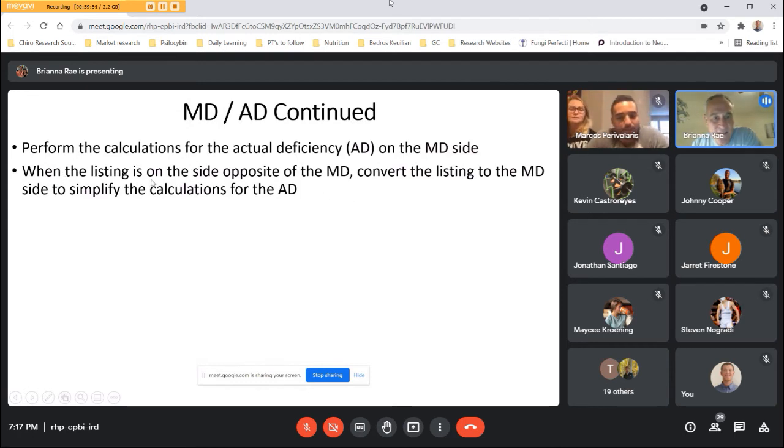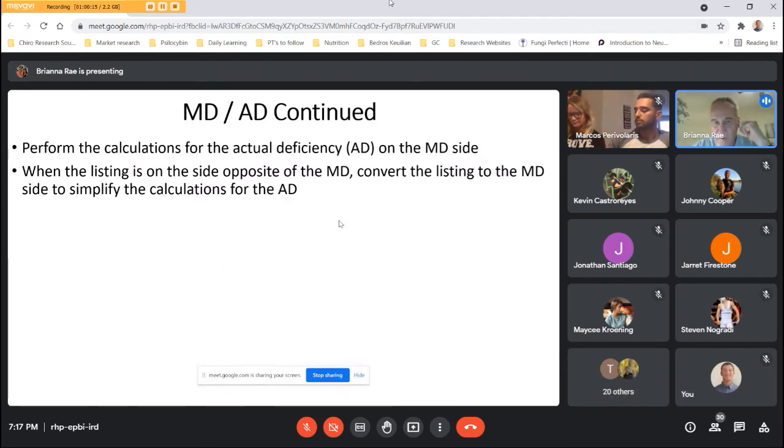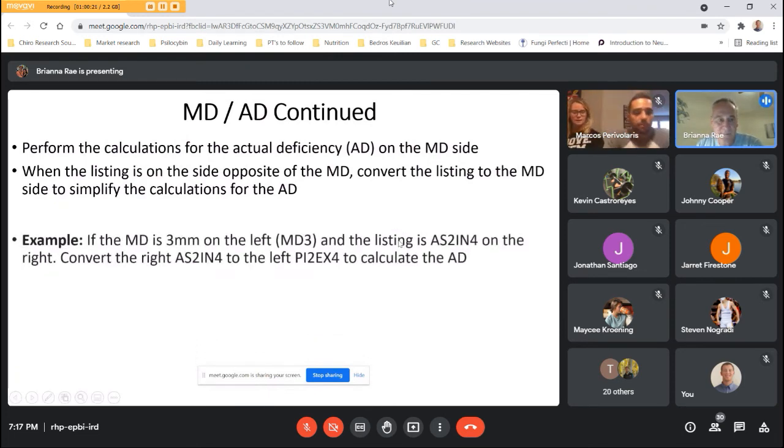When the listing is on the opposite side of the MD, just like you saw on the title page, you could convert the listing to the MD side to simplify the calculation for the AD. If you're having trouble visualizing that teeter-totter effect, just use the opposite listing, the one that's going to be on the same side as the MD, and figure it out that way. I'll give you some examples coming up.